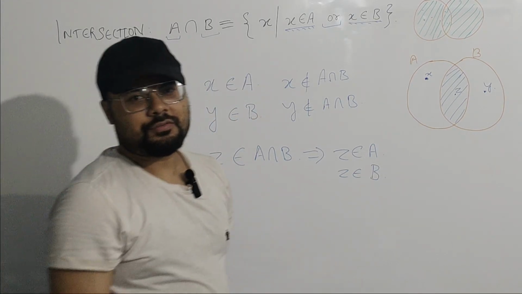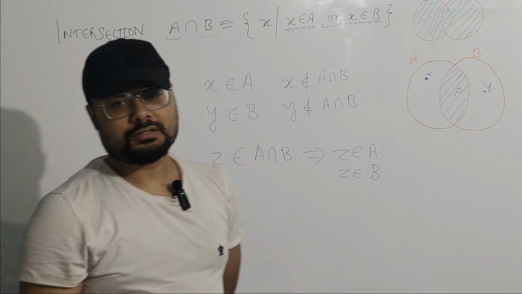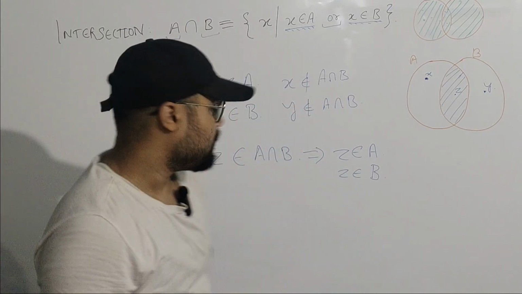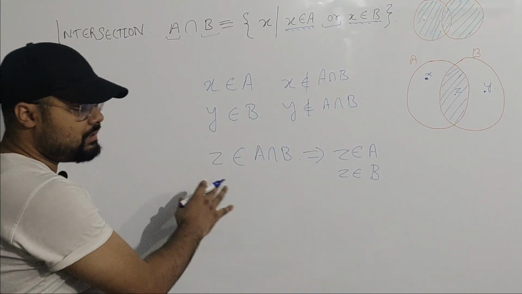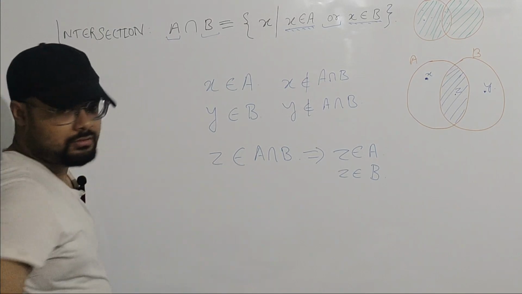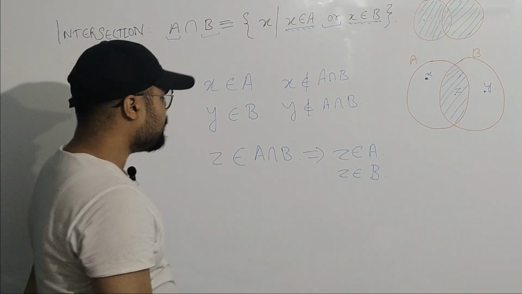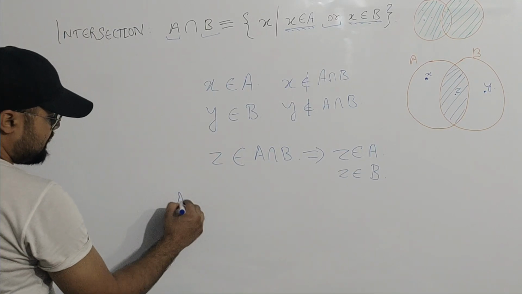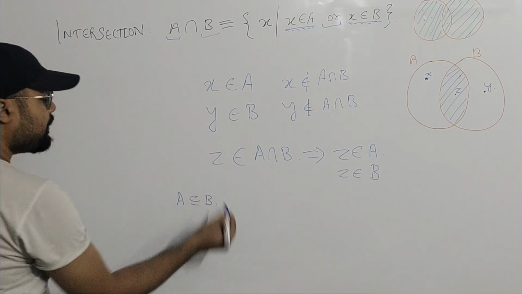This is the way to prove any set is a subset of another set. If you want to prove that a set A is a subset of B, then how do you prove it?